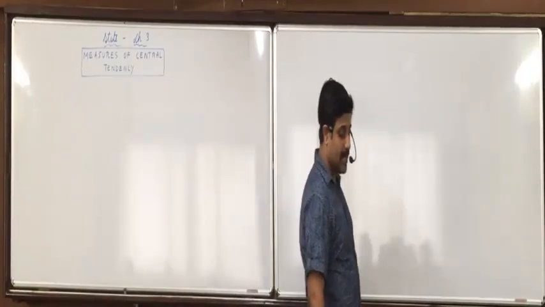Measures of central tendency is a single value which represents the entire set of data. Okay? So it's always a single value only, but it represents the entire set of data.